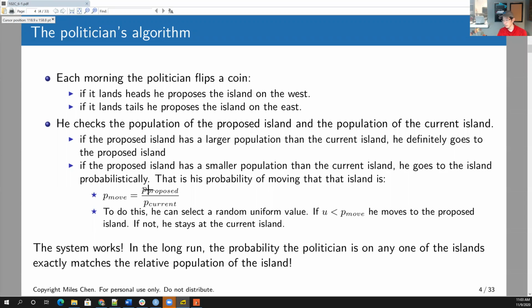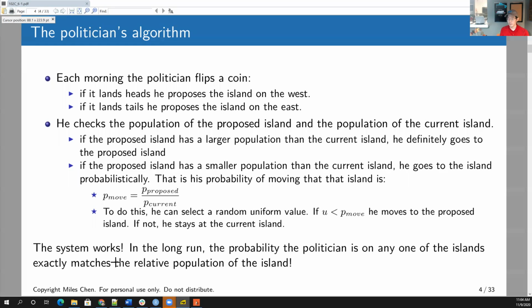To decide, he generates a random uniform value u. If u is less than or equal to P move, he moves to the proposed island. If not, he stays at the current island. And the system works. In the long run, the probability of the politician being on any one of the islands matches the relative population of the island.